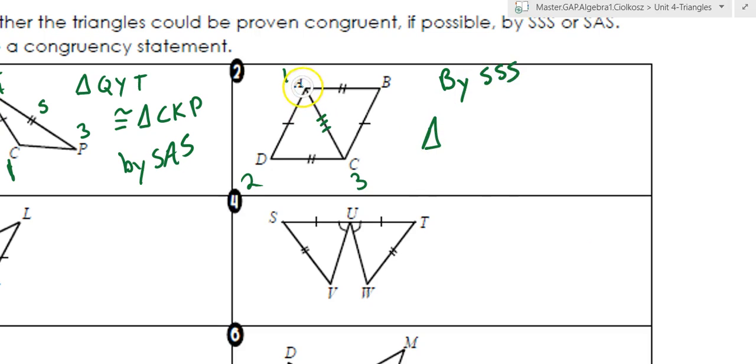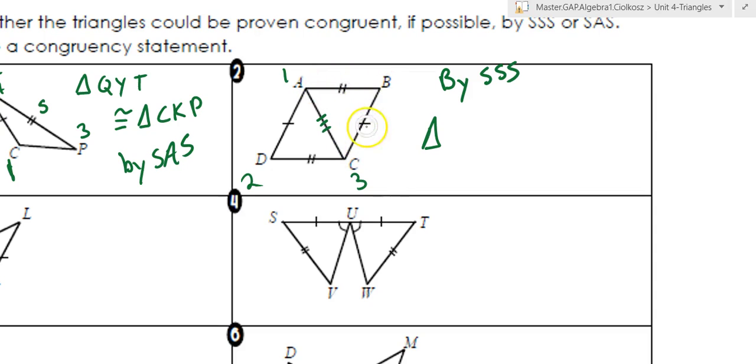Well, let's label this triangle. 1 to 2 has a single line, so 1 to 2 can't be my double. Let's think here a bit. If I try doing it here, that doesn't work.